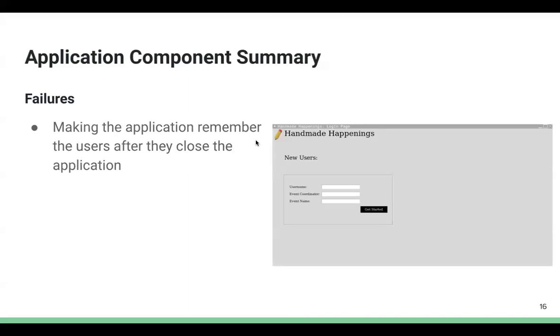A failure that we have is making the application remember the users we input into it. You could log into the software just fine every time, but it would be a new user every time you open the application. Initially we wanted the application to remember you even if you closed it, but in the end, we could not get this to work. We didn't have the time or experience to make this work, but we made something as close as possible to this.